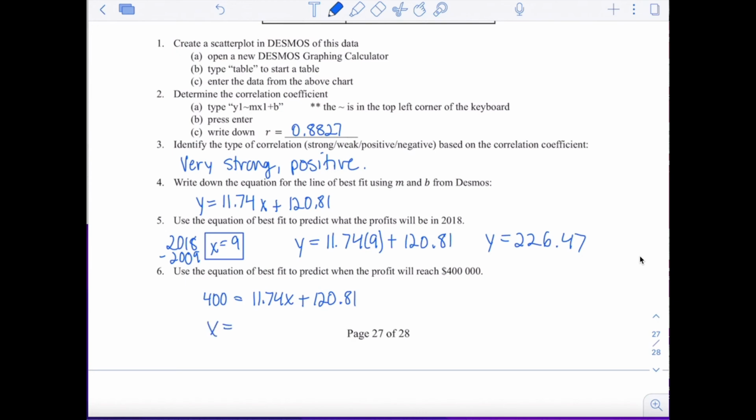So I get an x value of 23.78. And with things like this, we should always round up, because if we're rounding down, we're not at a profit of 400 because these are years, right? So we need to be 24 years away from 2009, which will be 2033.